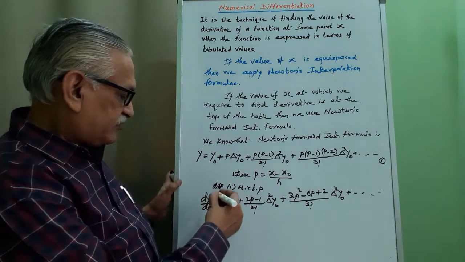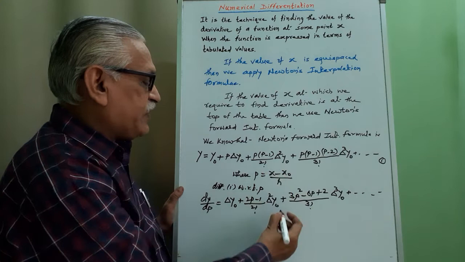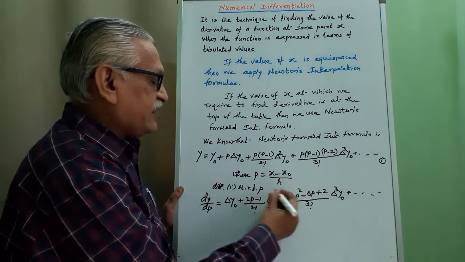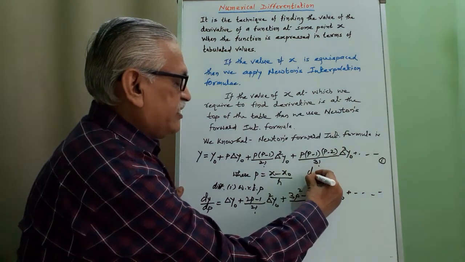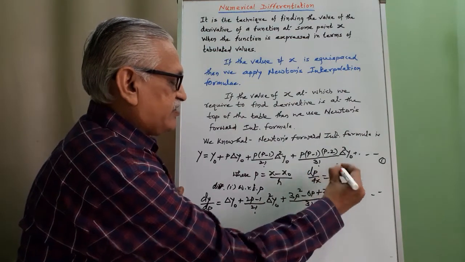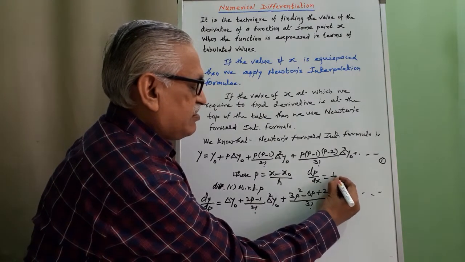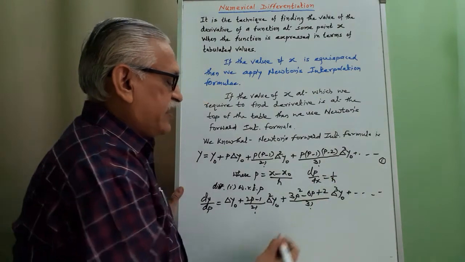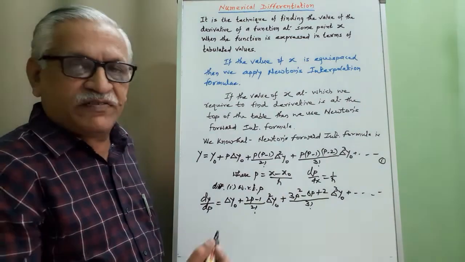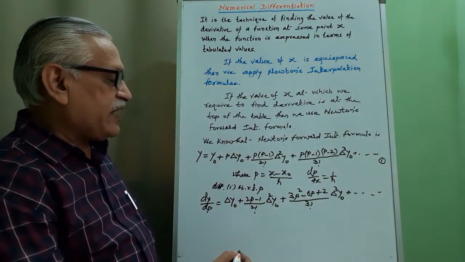Then differentiating p with respect to x, we get dp by dx as 1 by h, constant term outside, and the derivative of x with respect to x is 1, and therefore we get the value of dp by dx as 1 by h.